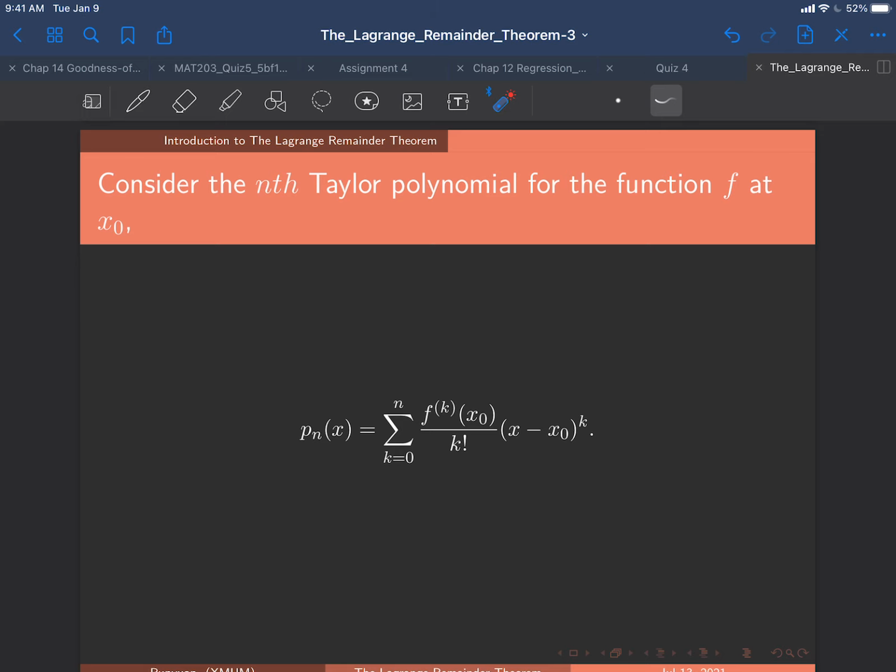First, let's consider and write the summation of the kth derivative of function f divided by k factorial times (x minus x0) to the power k as a Taylor polynomial.